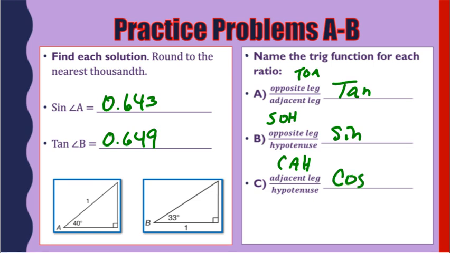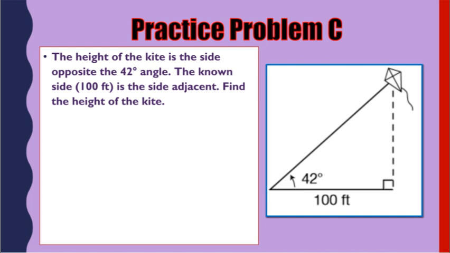And our last problem, the height of a kite is the side opposite the 42-degree angle. The known side, 100 feet, is the side adjacent. Find the height of the kite. So we need to find this piece right here.